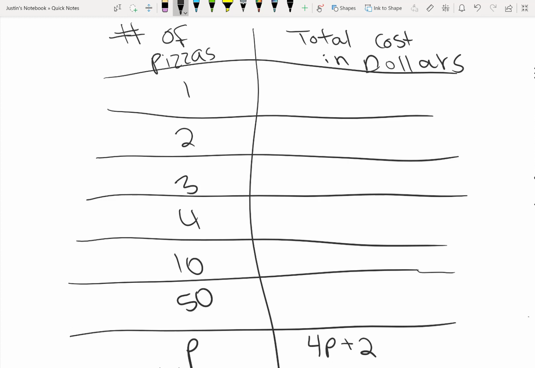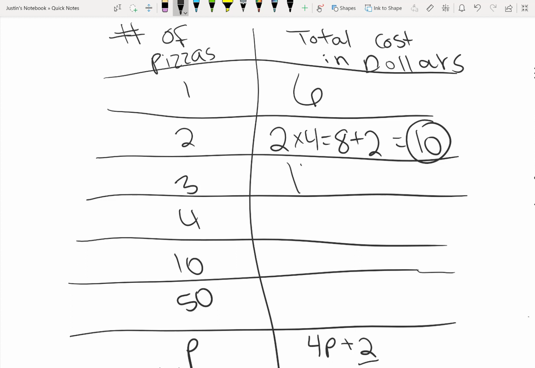All right, so let's do 1 times 4 is 4, plus 2 is 6. 2 times 4 equals 8, plus 2 equals 10. So that's our answer for 2. All right, 3 times 4 is 12, plus 2 is 14. And then we do 4 times 4 is 16. 16 plus 2 is 18.